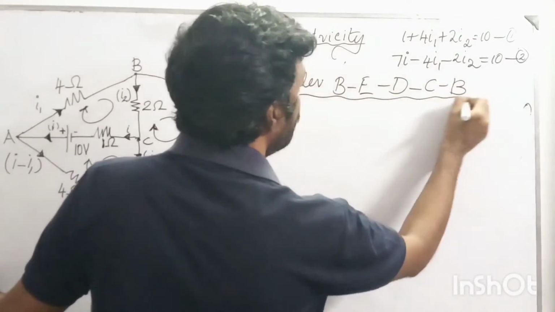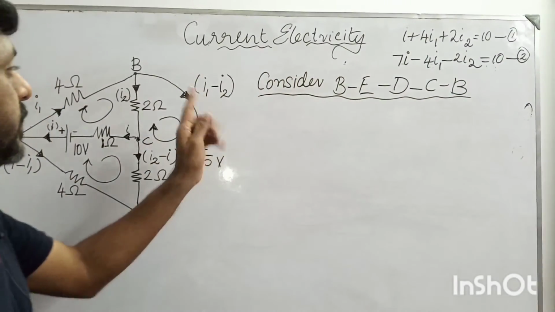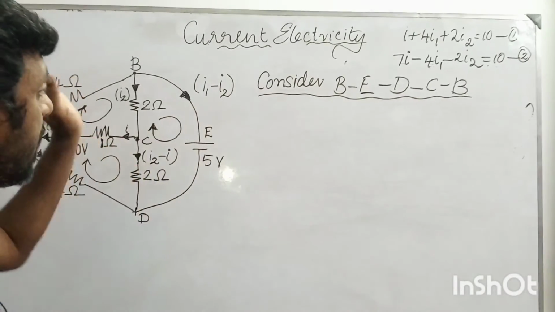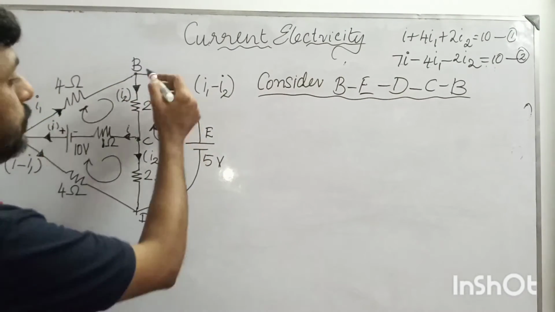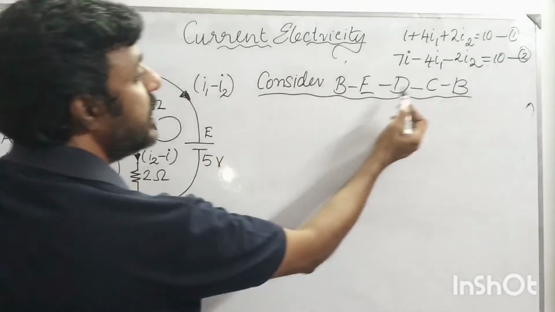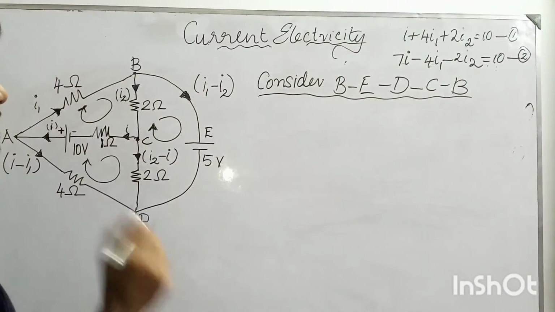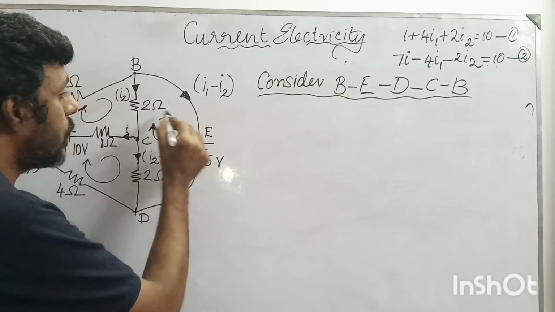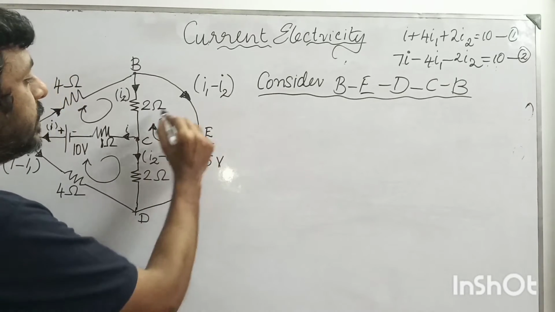This is the loop that needs to be considered, and KVL needs to be applied to this loop, that is BEDCB, right? So let's start. Now my direction of travel is in the clockwise direction, right? I keep on rotating in the clockwise direction.